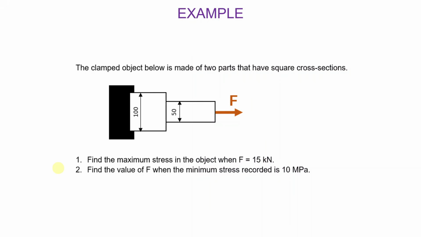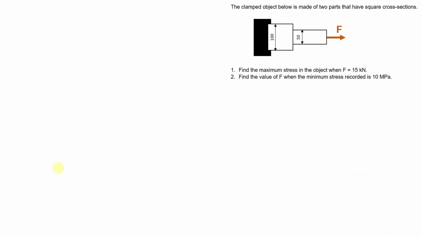So let us go ahead and solve this question. For question number 1, what we need to do is to find the maximum stress in the object when the force is 15 kilonewtons. Now, for you to find the maximum stress, as I said earlier, the maximum stress occurs where you have the smallest cross section.